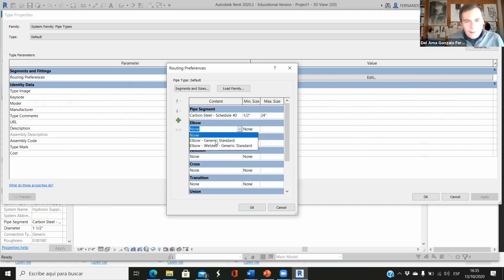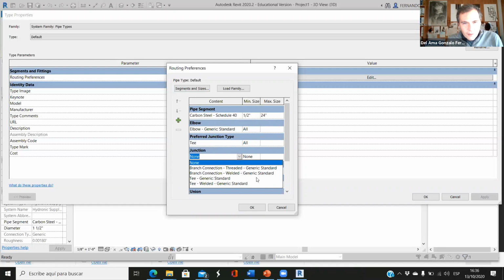So let's select the generic standard, because we have uploaded the generic standard, okay, for the elbow. And here, where you can see none, the pipes are from 1/2 inch to 24 inches. So here we can select all. That means those connections are for either 1/2 inch or 24 inches. So for junction, select the T generic standard.